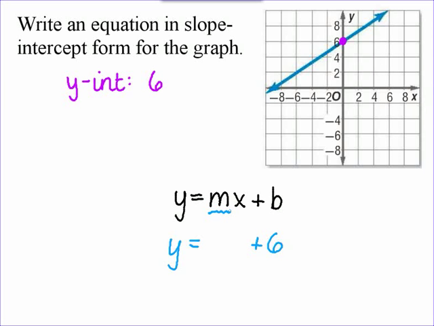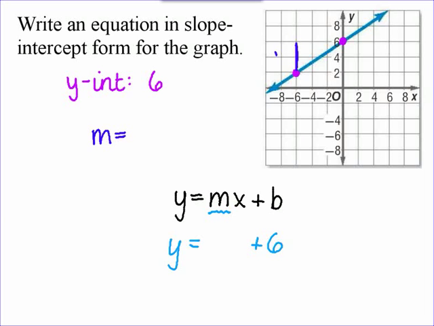So now what I need to find is the slope. So you did this when we learned about rate of change in slope. I need to find another point that this line goes through. What would be another point it goes through? And so now between those 2 points, I'm going to find the slope. So I'm going to find the rise over the run. So the rise, from here to here, goes up how many? 4. Now be careful because, see, these are by 2's.